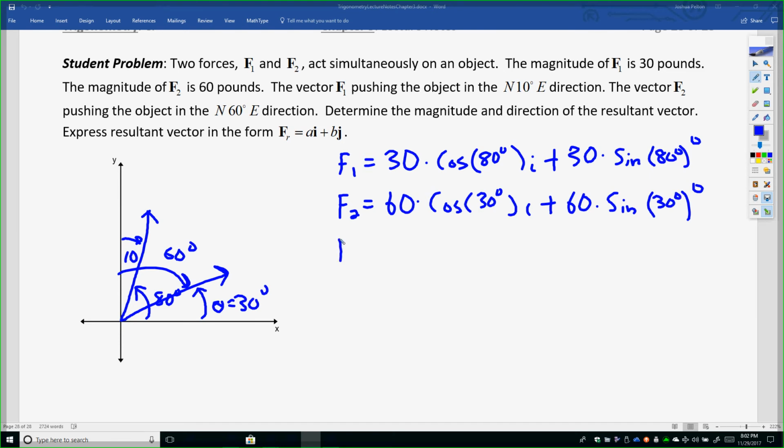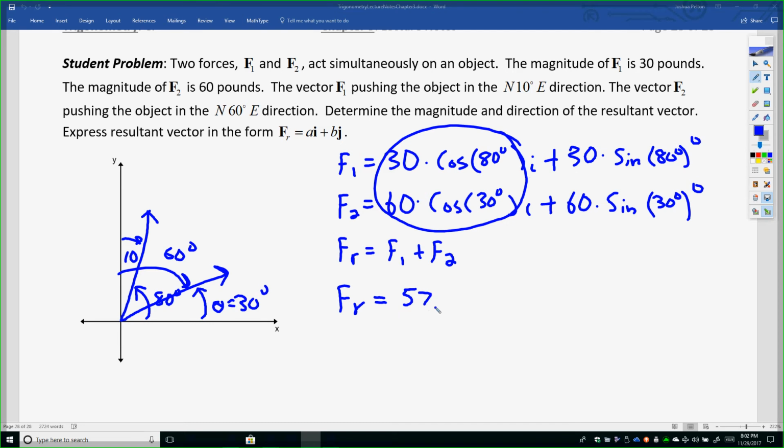So to get my resultant vector, I have to add F1 plus F2. So my resultant vector, after I plug them into the calculator, so I add these together to get the i, I'm going to get 57.2i. Add these to get the j's, 59.5j.